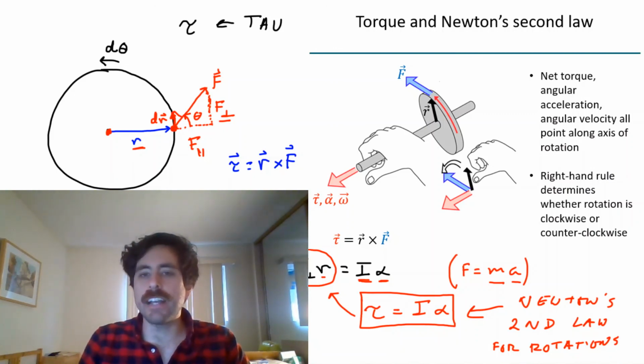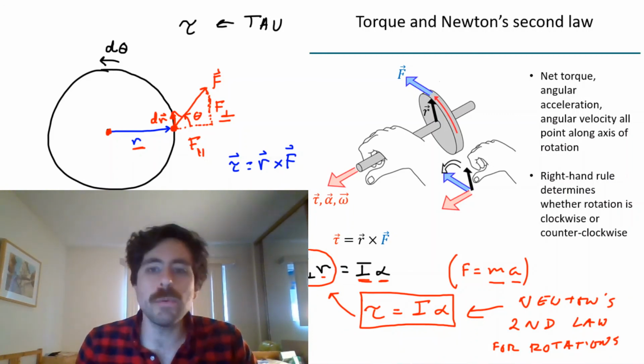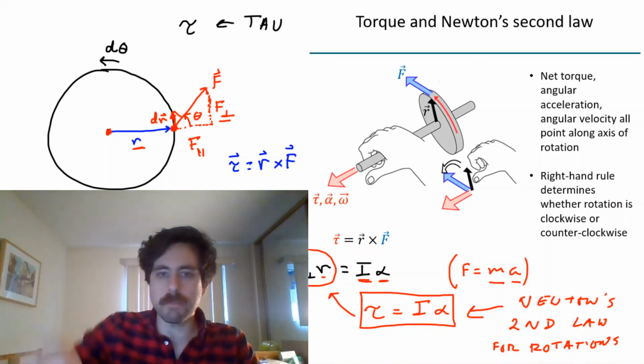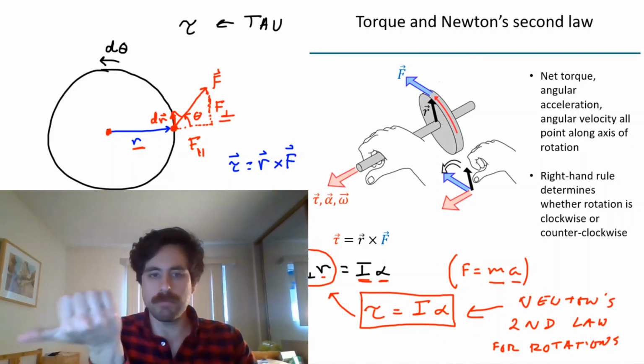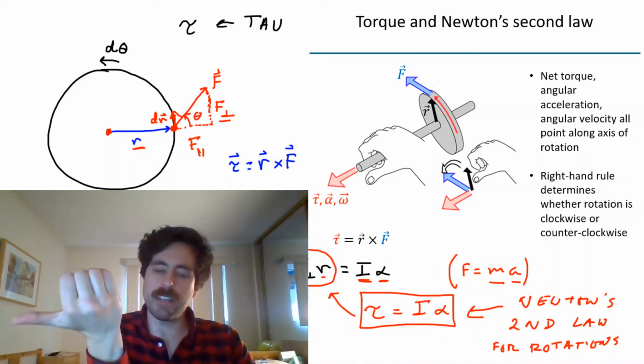So here I've got a diagram with a little rotating wheel. If I apply a force F with a radial vector r, it creates a torque that points in the direction of the red arrow. And I can see what a torque in that direction means by pointing my thumb along the direction of that red arrow. So just like in the diagram, thumb points this way. That means my fingers are going to curl in the direction that we rotate.